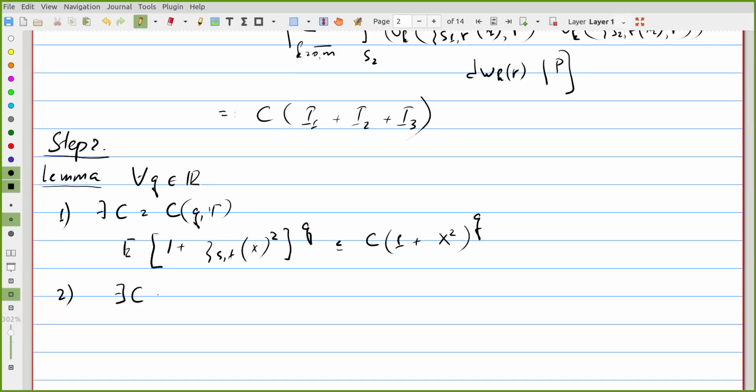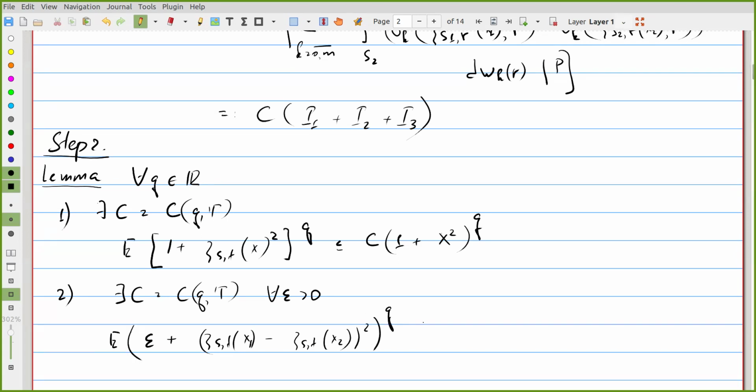And the second part: again, there exists C that depends on q and T, probably different, such that for any epsilon greater than 0, so it doesn't depend on this epsilon, the mathematical expectation of the quantity x1 minus x2 squared to the power q, this is positive, so I'm not worried about q being negative, is less than delta x squared to the power q.